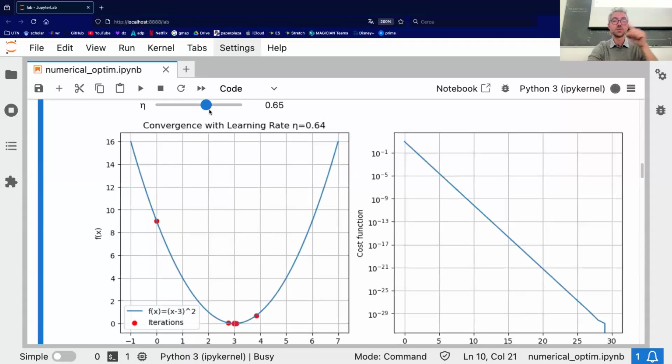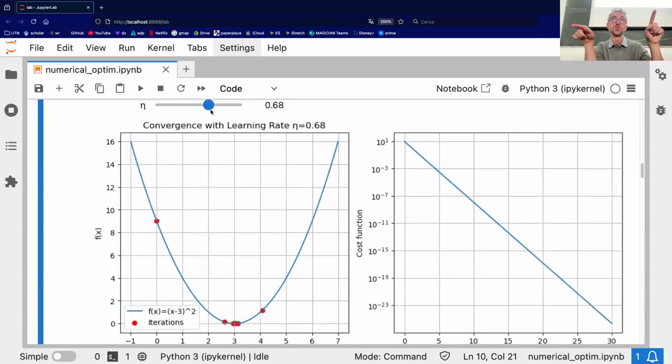And then we start seeing this phenomenon of overshoots. As we iterate, we go from this point to this point, and then from this point to this point. So every time we overshoot a little bit. We are still converging, and the final result is very good. We are at 10 to the minus 23. But we see this overshooting.